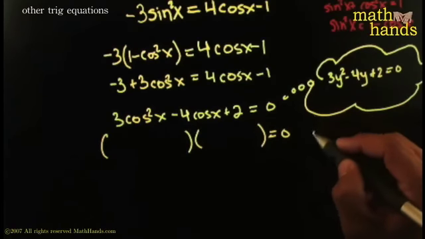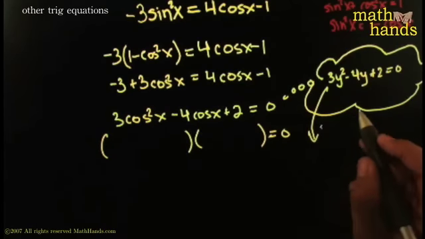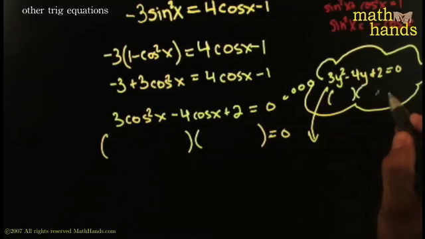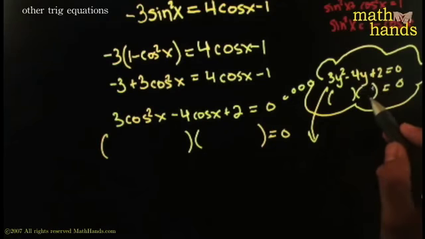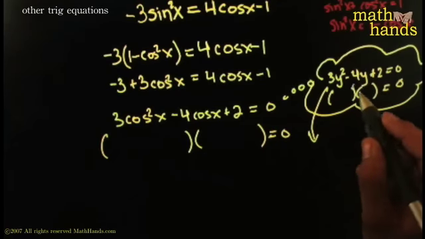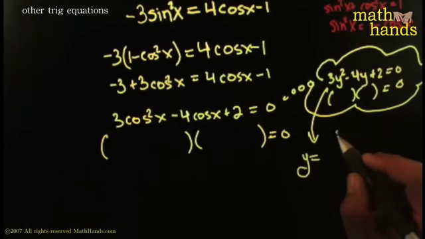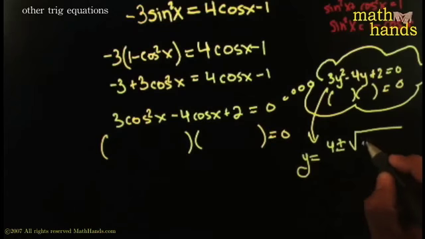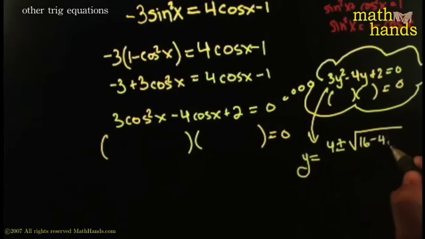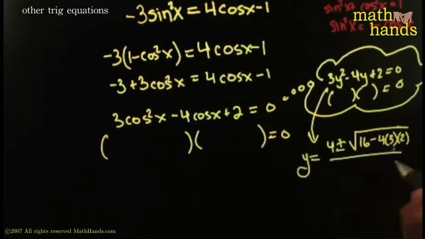So let's try this one right here. You could try to factor it, but if you can't factor it, then you've got to pull the heavy artillery, which would be the quadratic formula. The quadratic formula would tell you that y is equal to negative b plus or minus the square root of b squared minus 4 times 3 times 2, all over 2 times a, which would be 6.